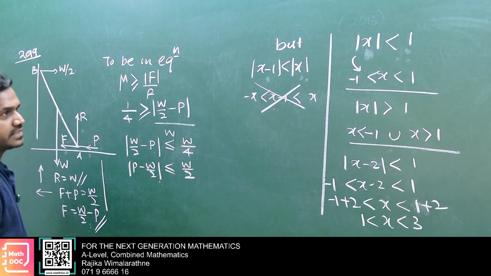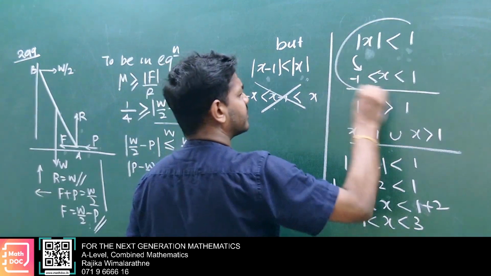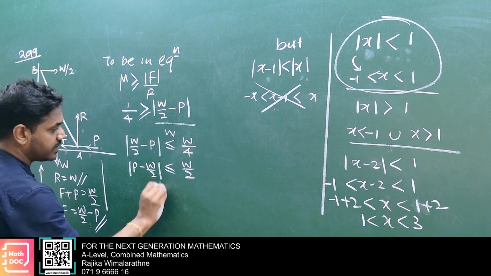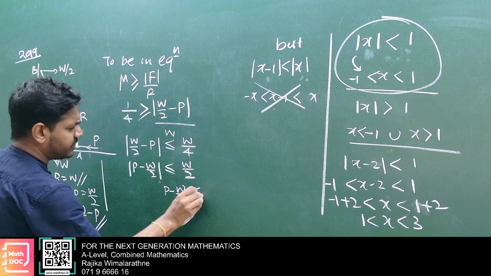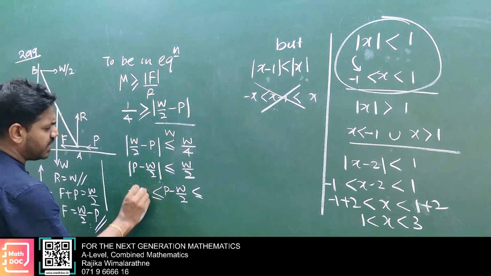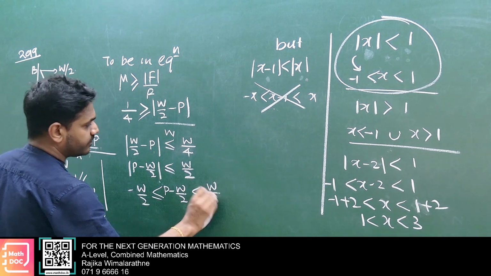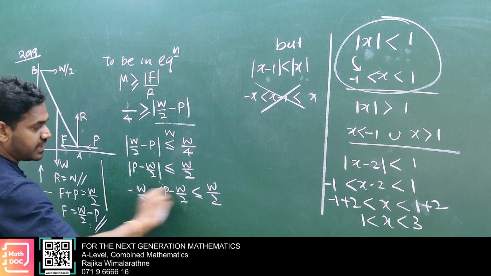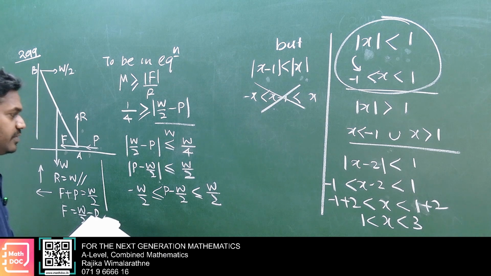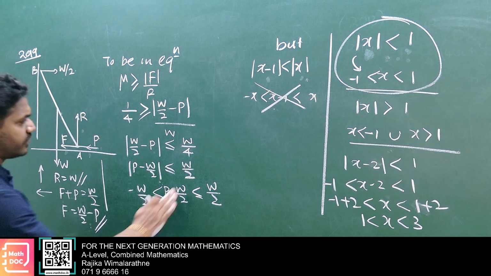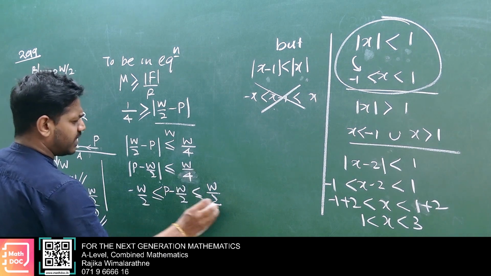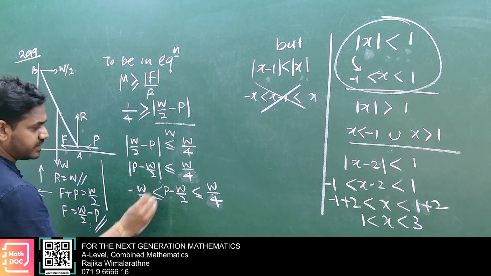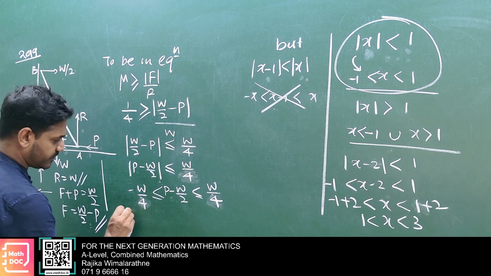So in this case it looks like this. Then you directly write the double inequality. P minus W over 2 in between minus W over 4 and plus W over 4. Here P is the only variable, W is a constant. Therefore we can directly write. Now in each case you add W over 2. To isolate P, you add W over 2 to both sides.